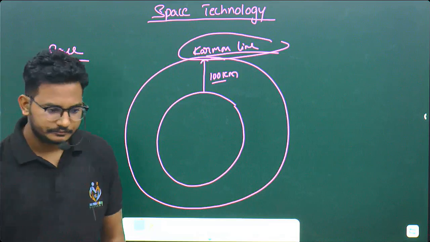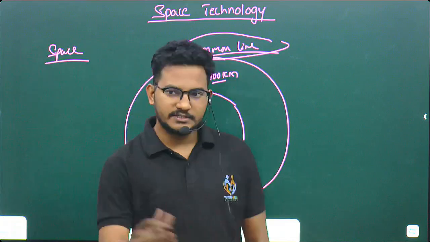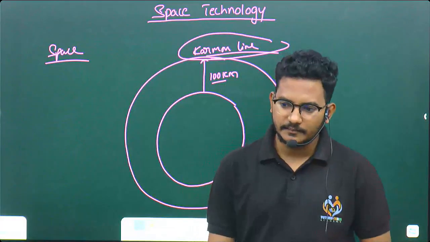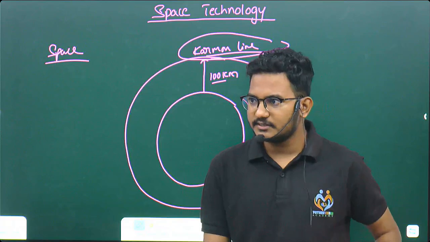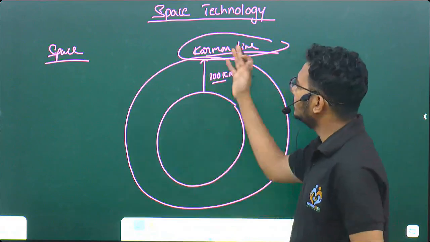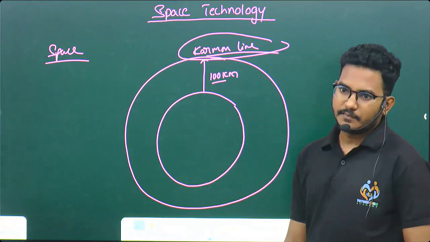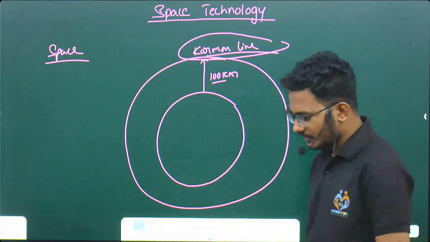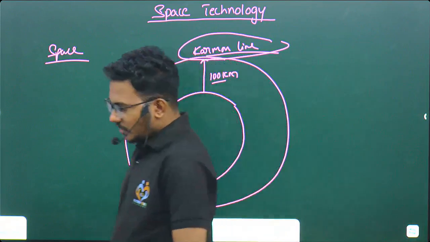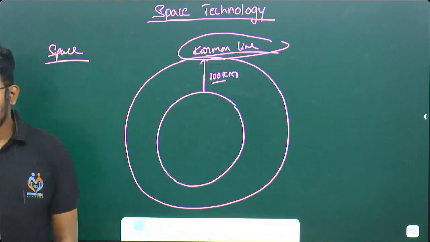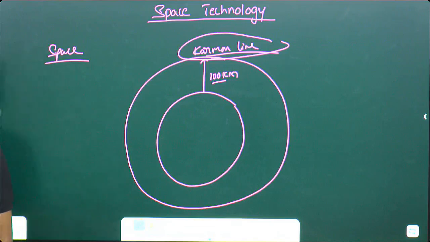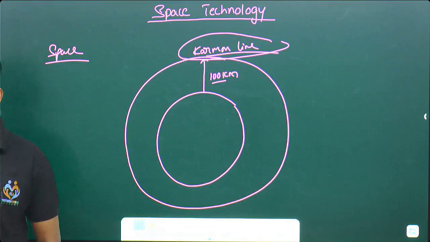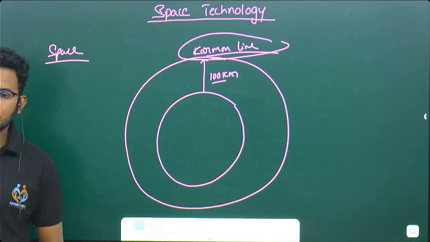Next point: anything which is above Karman line is called space.